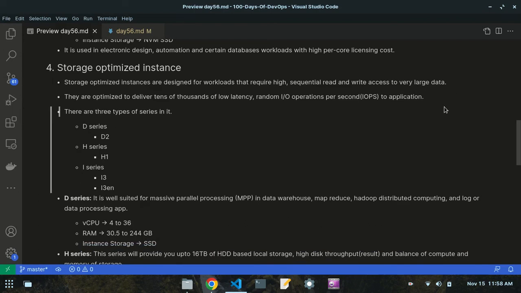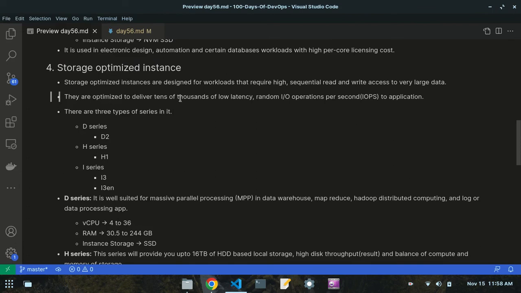If you want to read and write data sequentially, it means first the data will be read, and then in the next sequence the next data will be read and written. It will be one after the other, not parallel. The workload will require higher performance, and for this purpose the storage optimized instance will be used.